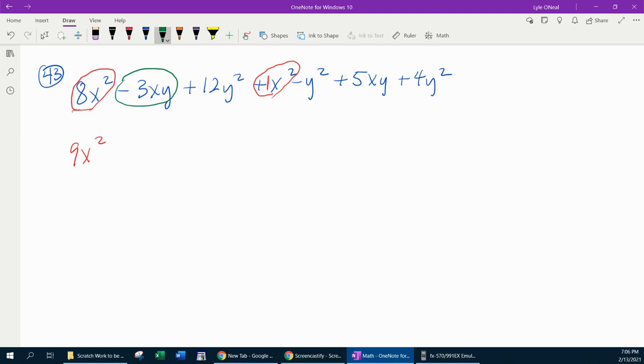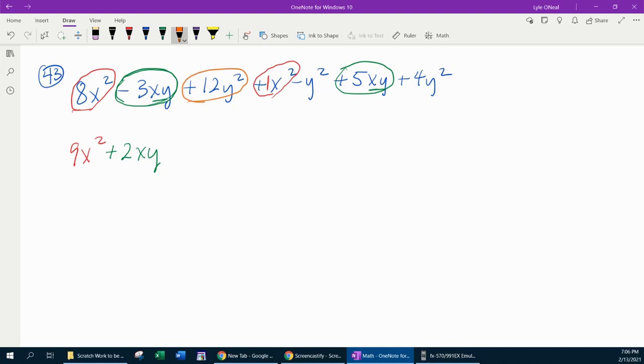We can do that. Notice that this term is made up of a product of x and y. Here we can see another product of x and y. So that term is going to be like this term. And if I add their coefficients, negative 3 plus 5 is a positive 2xy.